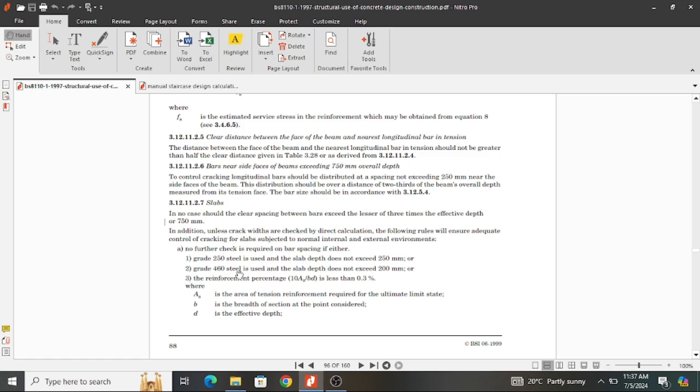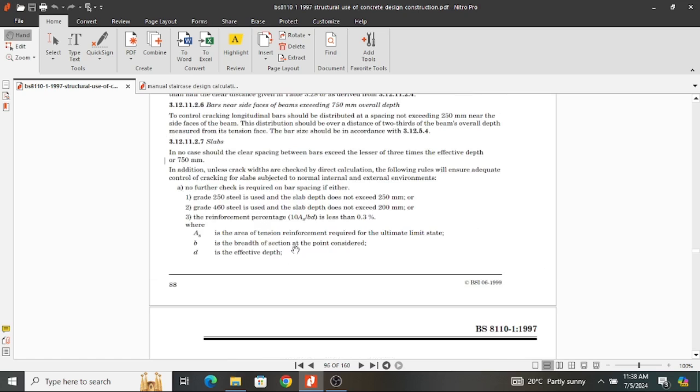Grade 460 steel is used and the slab depth does not exceed 200 millimeters. Did we use 460 grade steel? Yes. Did the slab depth exceed 200? No. We finally settled on 150. Therefore, condition 2 holds. Since it holds, there are no further checks required for bar spacing in terms of cracking.